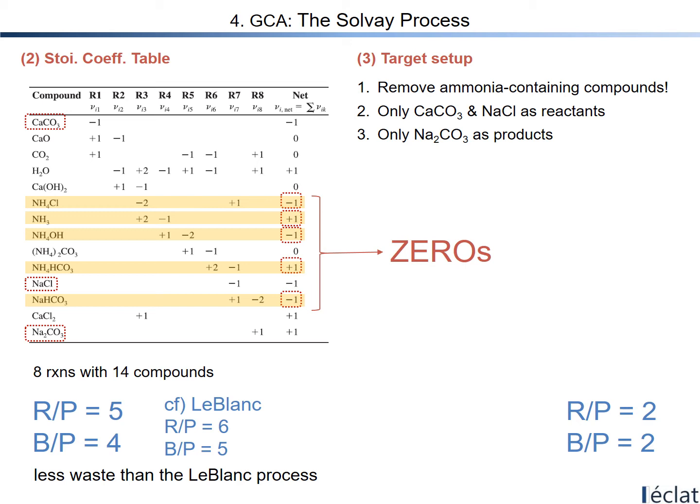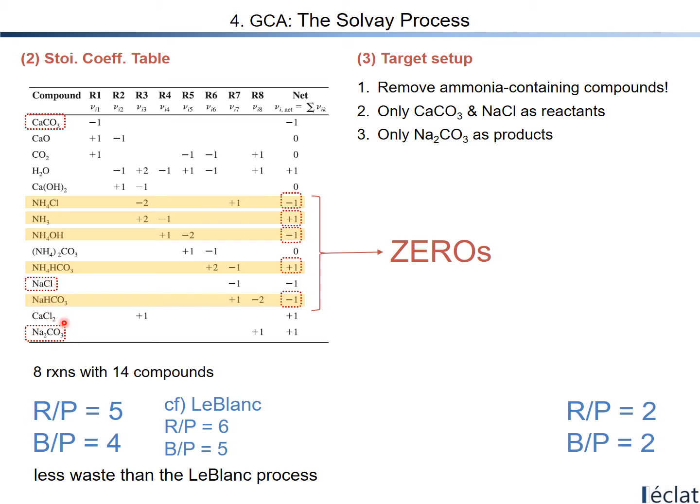So it's time to go to the second step. Let's make the stoichiometric coefficient table here. In the first column, I am listing all of the compounds included in the Solvay process. For example, calcium carbonate, calcium oxide, the other raw material sodium chloride, and the product sodium carbonate.